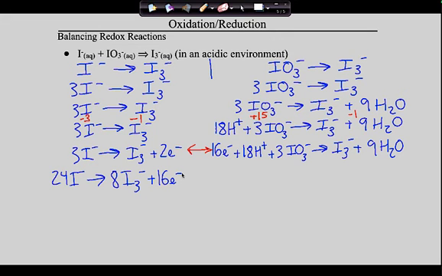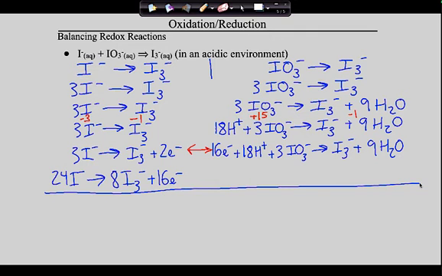Now guys, here's the thing. At this point, I think that this is a safe time to allow these to fall out of step. I don't think it's necessary to rewrite that half reaction. The reason is this. It's now time to add these up.